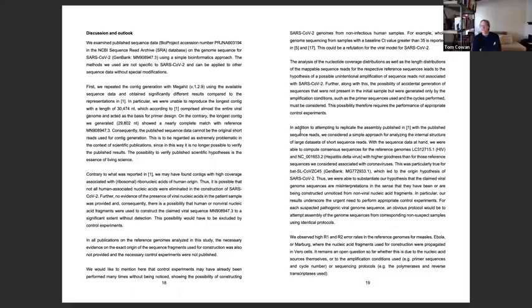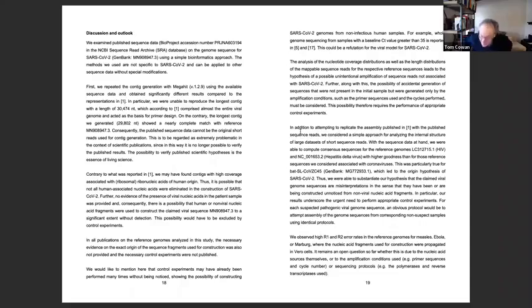With the sequence data at hand, we were able to compute consensus sequences for reference genomes for HIV and hepatitis, with higher goodness than for those for reference sequences we considered associated with the coronavirus.